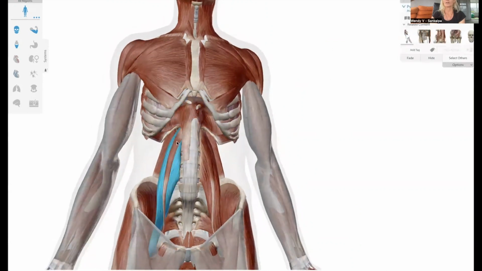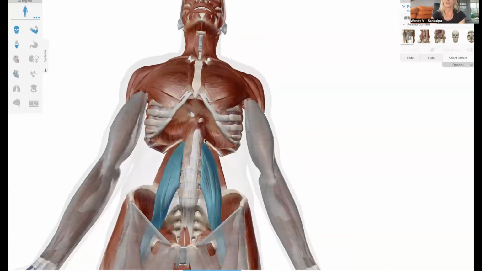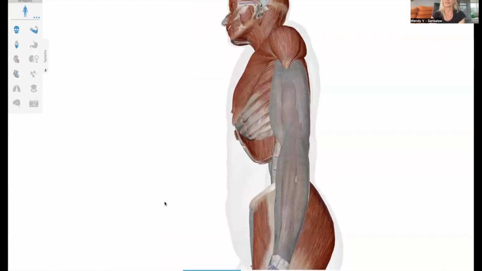Together with these muscles here, which are the hip flexor muscles either side. And these muscles attach close to the spine, close to the ribs, up to this area here. So the hip flexors are part of the fight or flight muscles.